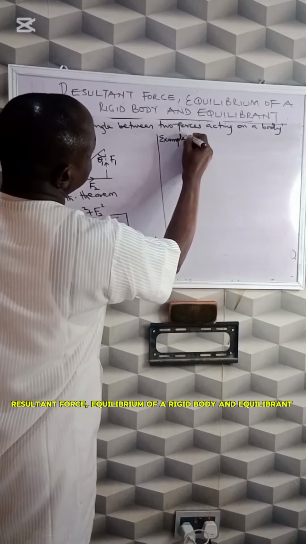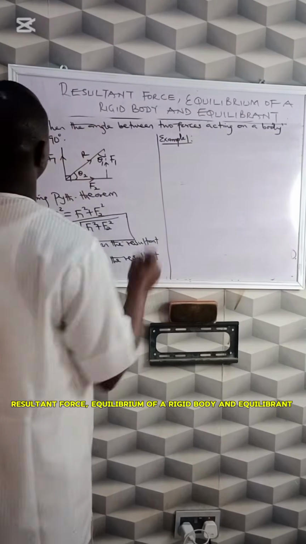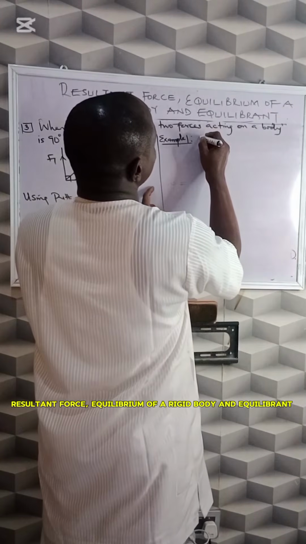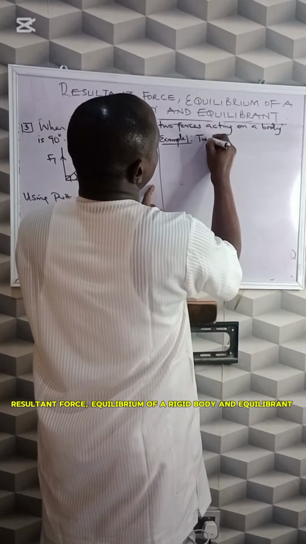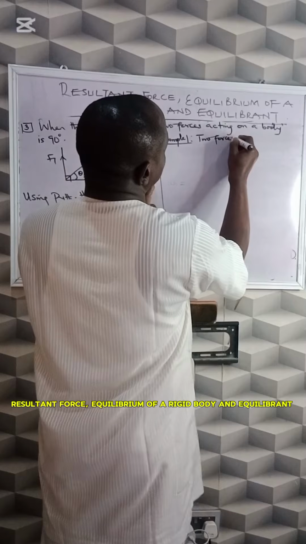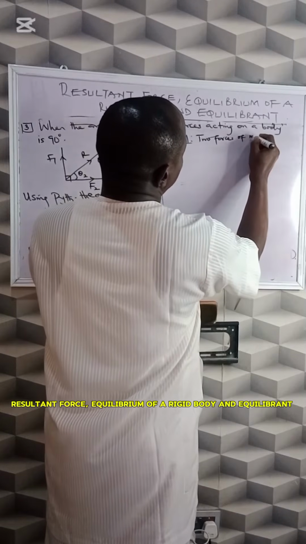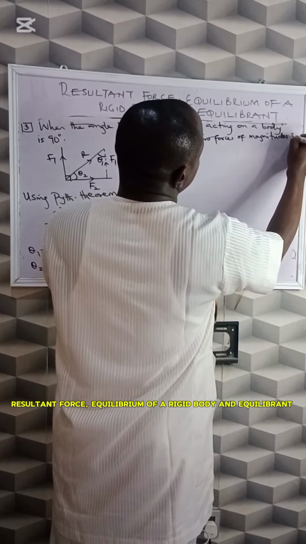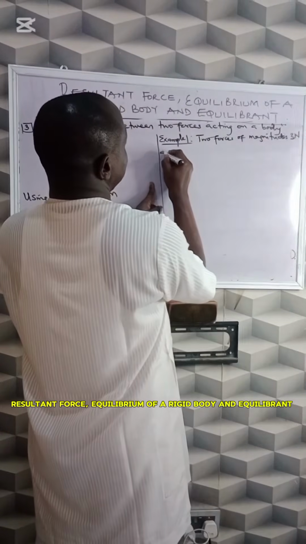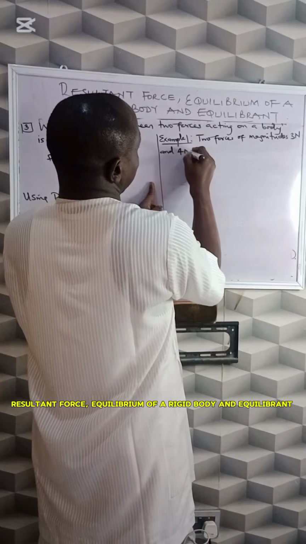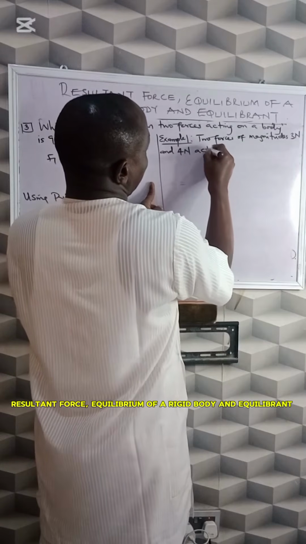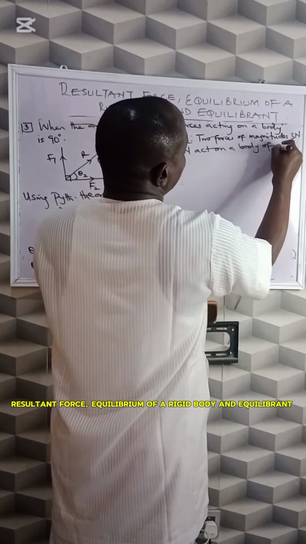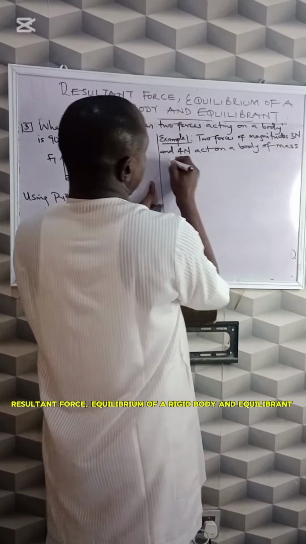Example 1. Two forces of magnitude 3 Newton and 4 Newton act on a body of mass 10 kilogram.